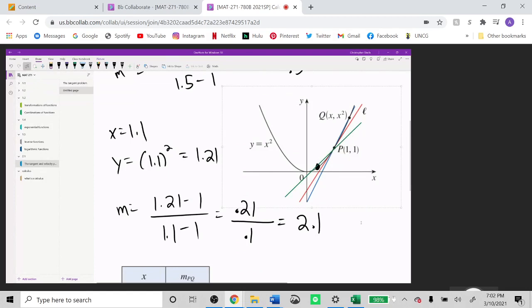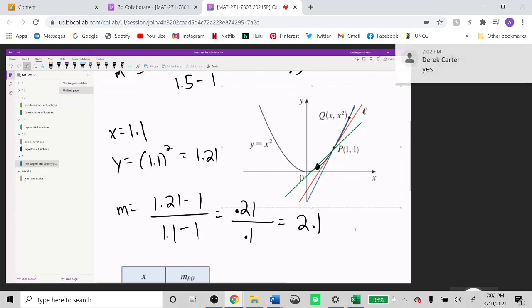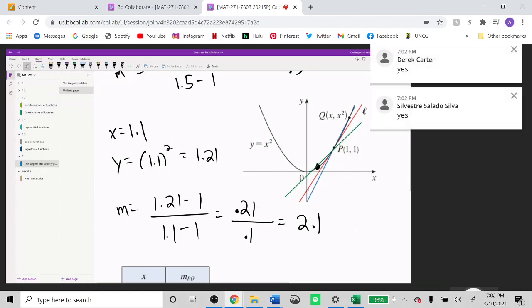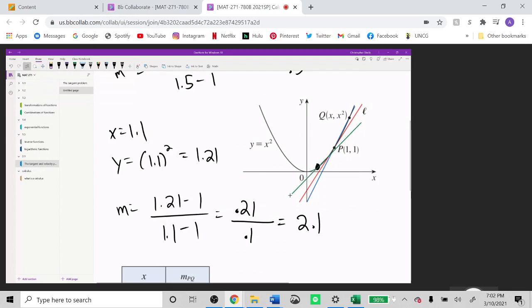Does that make sense? And then, as the points get closer and closer together, my slope would get closer and closer to the slope of the red line, right?